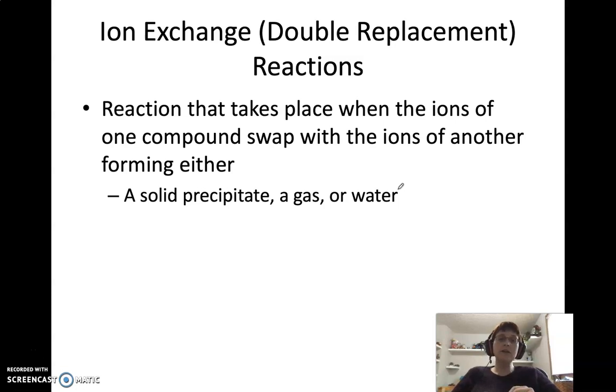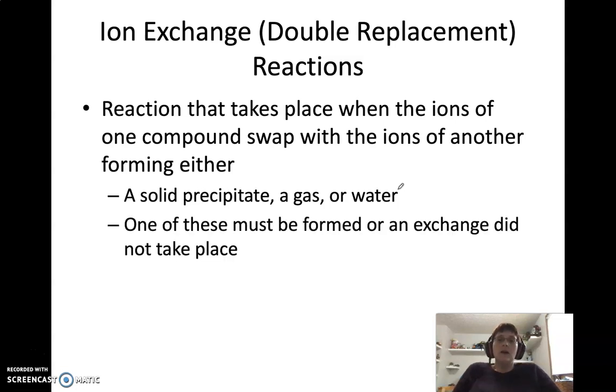That one's a little harder sometimes to see because very often these are in aqueous solutions. One of these has to be formed or you didn't get an ion exchange. So you need to get a solid, a gas, or water made in the equation in order to get an ion exchange happening.